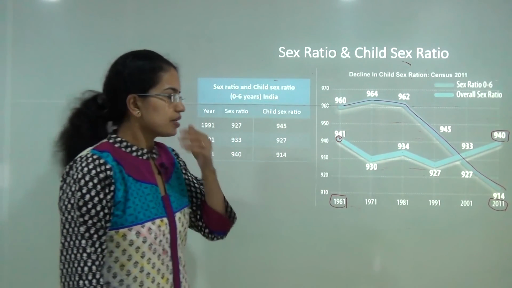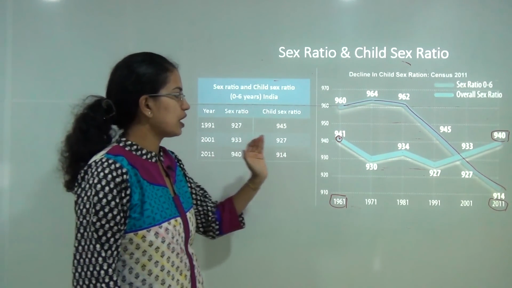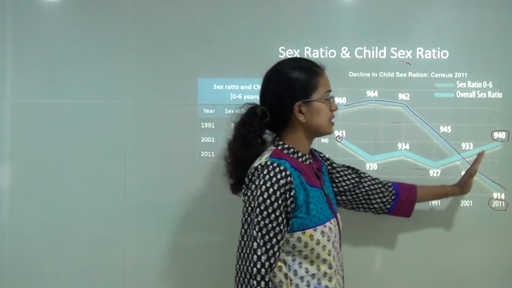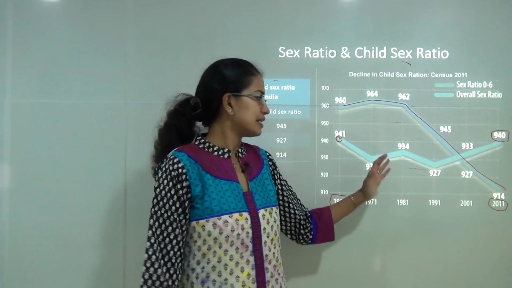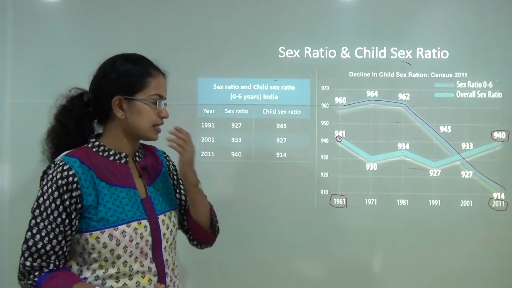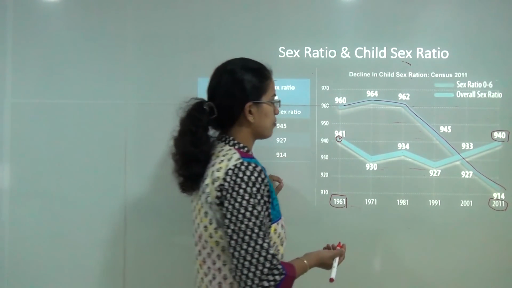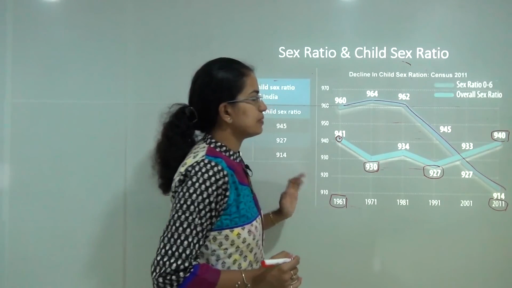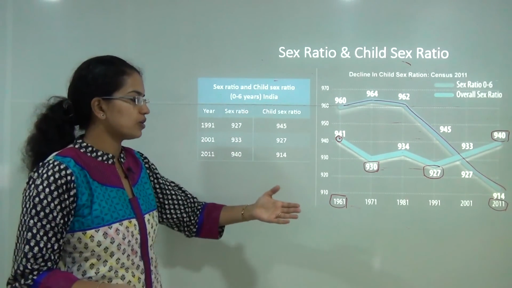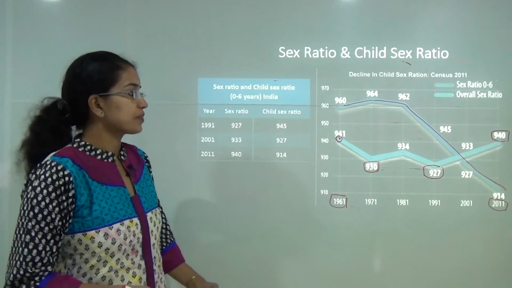That means despite the efforts, the sex ratio has remained more or less constant over the decades. There have been minor variations. There was a significant decline at 2 points, but it is again back to what it was in 1961.